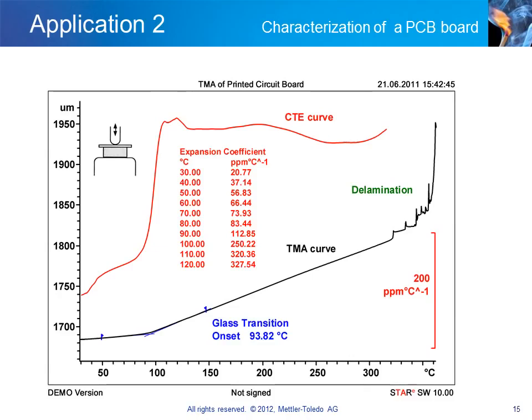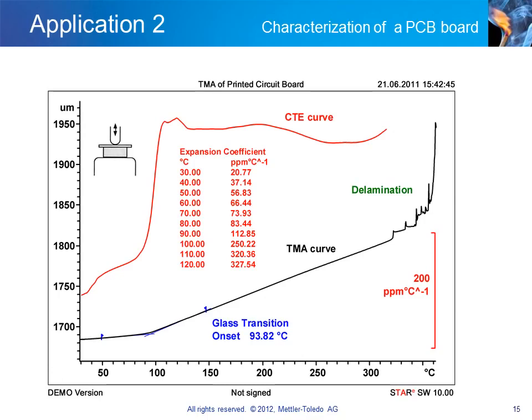The curve exhibits a typical glass transition which can be evaluated as the point of intersection of the two slopes of the TMA curve. The CTE curve shows a step increase from approximately 80 parts per million per degree to 320 parts per million per degree.